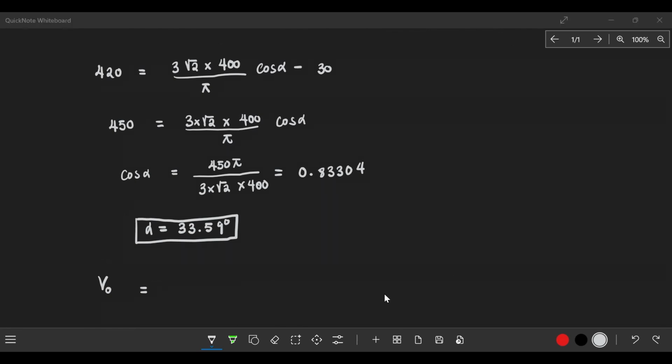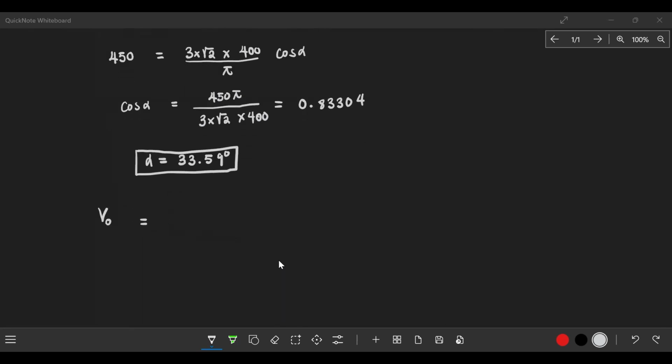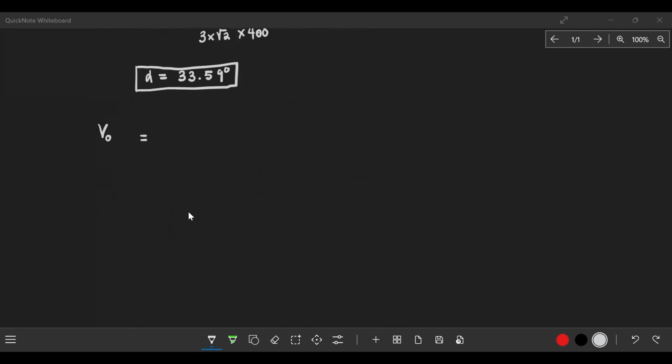Actually, it's over 2 pi for 3-phase. For 3-phase, this is the equation you have to apply: 3 VM over 2 pi, and then everything else is the same.